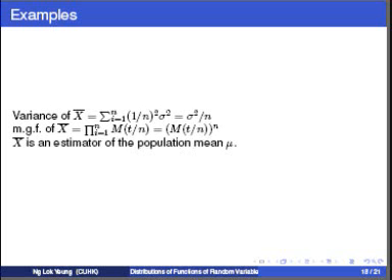The variance of X bar equals the sum of 1 over n squared times sigma squared, which equals sigma squared over n. The MGF of X bar equals the product of M(t over n), which equals M(t over n) to the power n. This example shows that X bar is an estimate of the population mean mu. Due to time constraints, we will take it for granted at this stage.